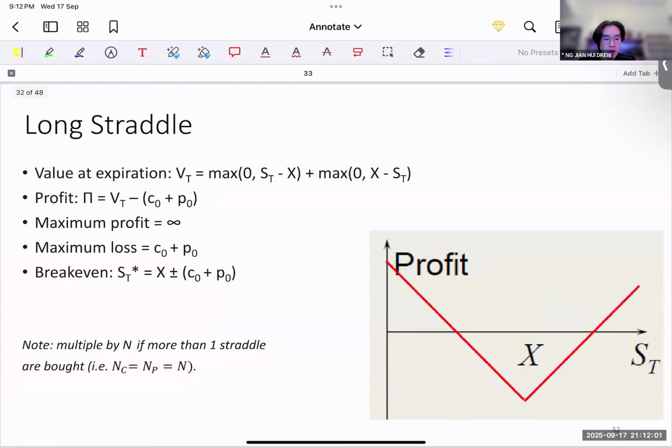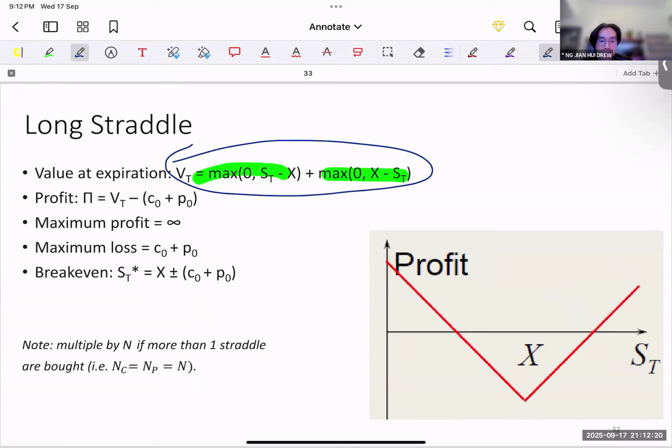And you buy a straddle. So again, we do the value, profit, and break even. The value of a straddle is simply given by having a long call and long put, as given here, right? Value of the long call and long put. The profit, on the other hand, is basically this value, VT, minus the cost of buying the call and the cost of buying the put.